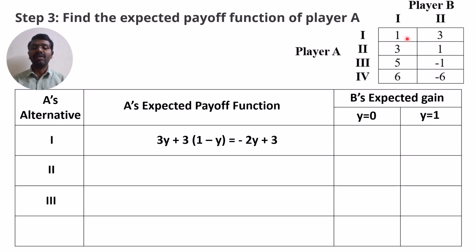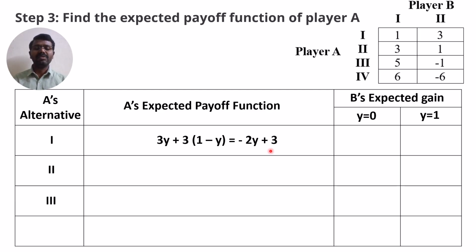We are taking y to eliminate confusion: if we take x again, that will be confusing, because x was used for the payoff function of A, so for the payoff function of B we will use y.